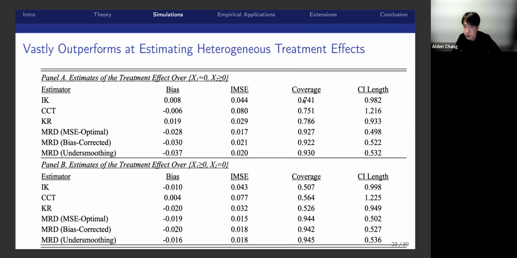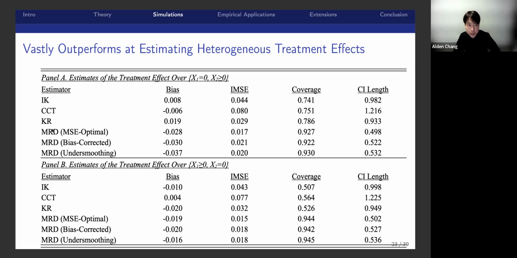The coverage rate of the 95% confidence intervals is only around 75% in panel A, and slightly above 50% in panel B. What this tells us is that estimating heterogeneous treatment effects using single dimensional methods probably doesn't work well and will need a lot of data, so much more than I'm using in these simulations.